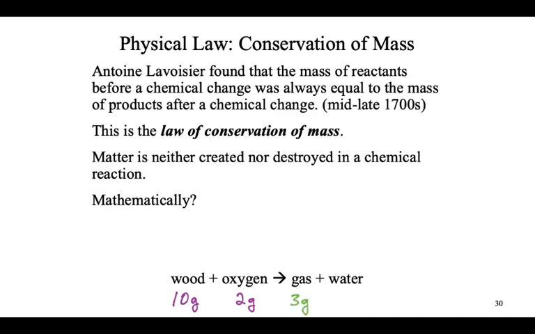Let's say 3 grams of gas. What's our mass of water? 9. It's early, right? 9 grams of water. Make sense? So you have to know where those pieces are.